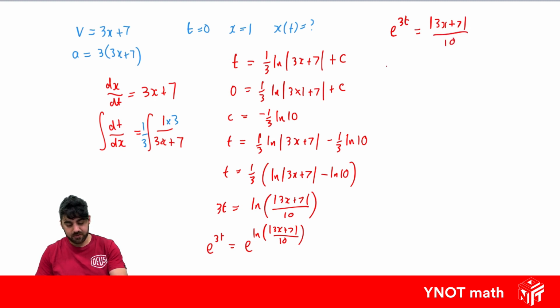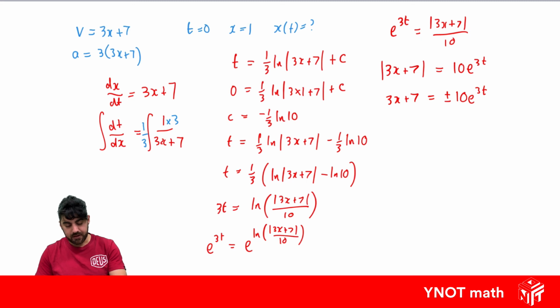Let's go ahead and times both sides by 10. So we're just left with the absolute value of 3x plus 7 equals 10 e to the 3t. Now by definition, absolute value gives us a plus or minus result if we have an unknown that's being absolute valued. So we get 3x plus 7 equals plus or minus 10 e to the 3t.